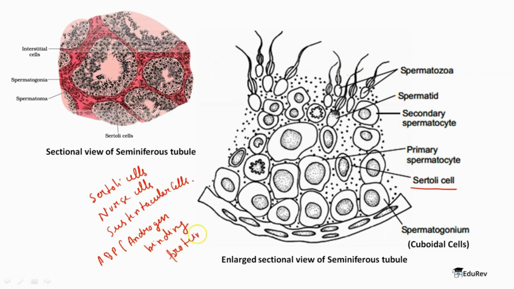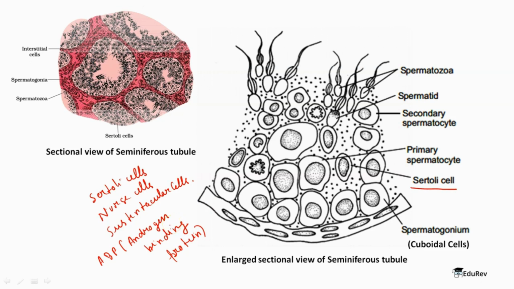It is androgen binding protein, which maintains the concentration of testosterone inside the seminiferous tubule to form sperms easily, and it also forms a blood testis barrier, which you will study later.